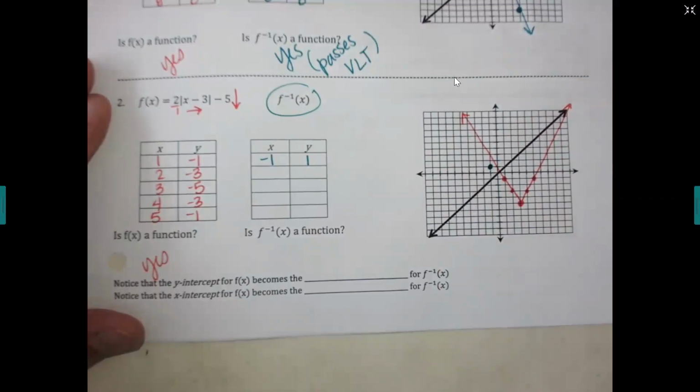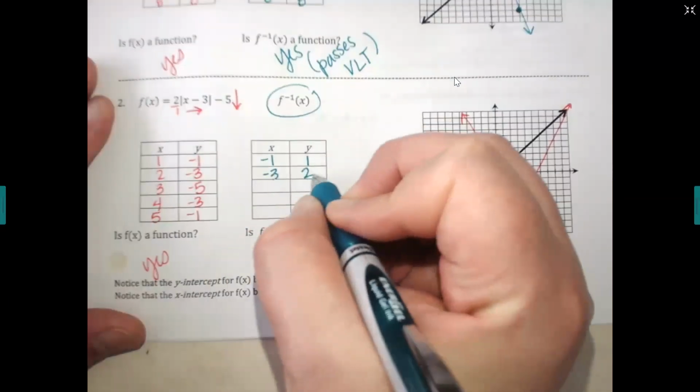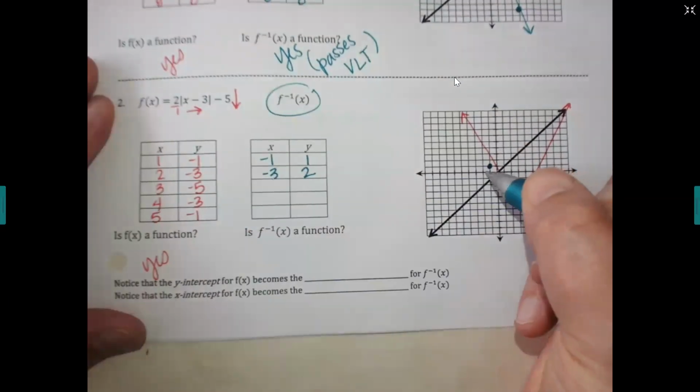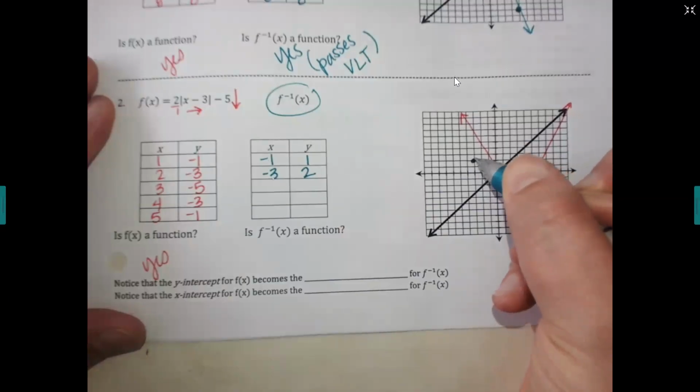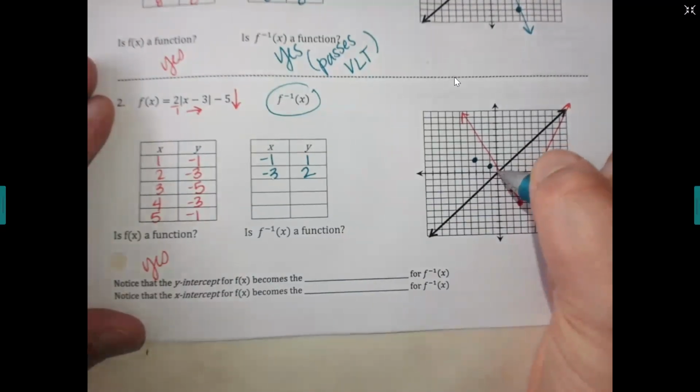My next point was 2, -3. What will my new point be? -3, 2. So I'm gonna go back 1, 2, 3, up 1, 2. My next point was 3, -5. Now it's what? -5, 3.